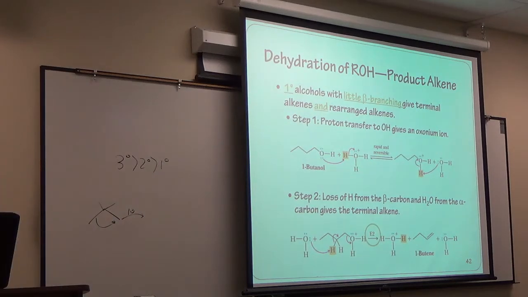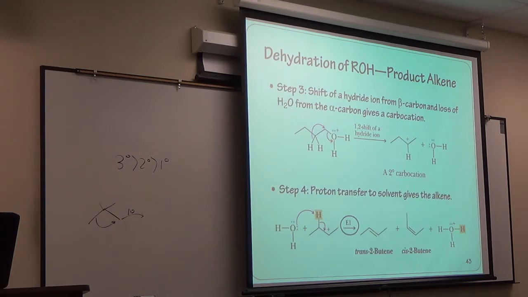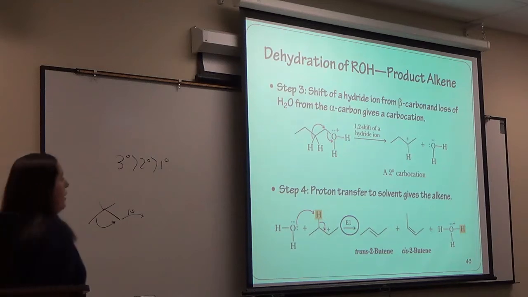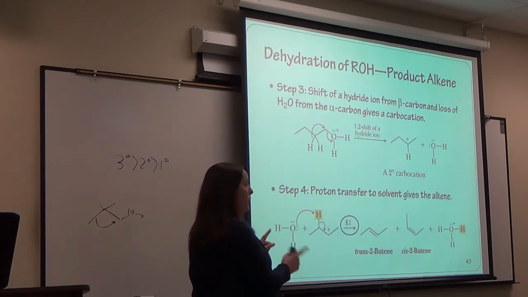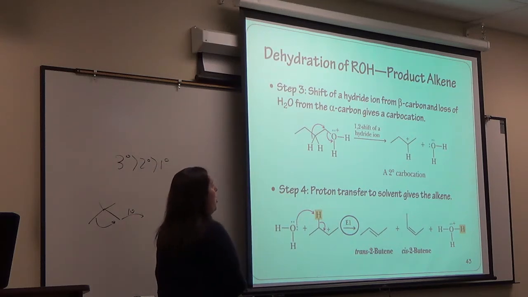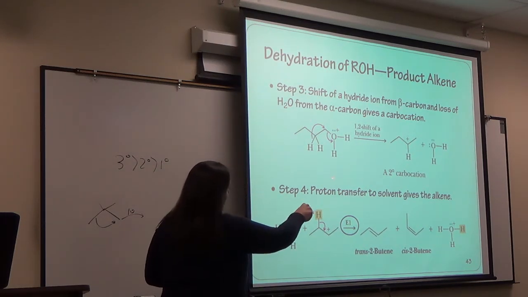So that is an option, but only for primary alcohols with no beta branch. But a little bit of it does shift into rearrangement. So there's a little bit of something that happens here when you have that oxonium formed.